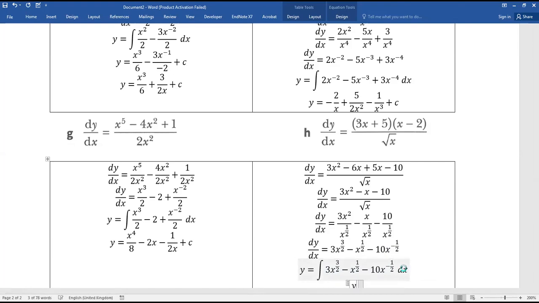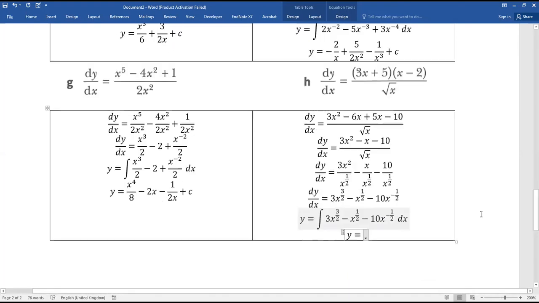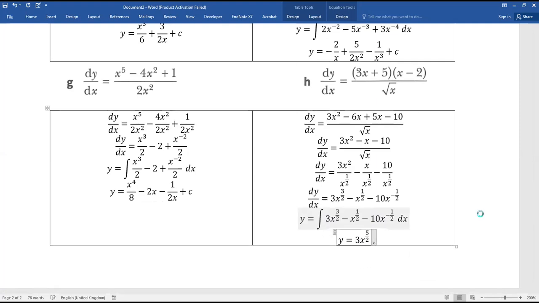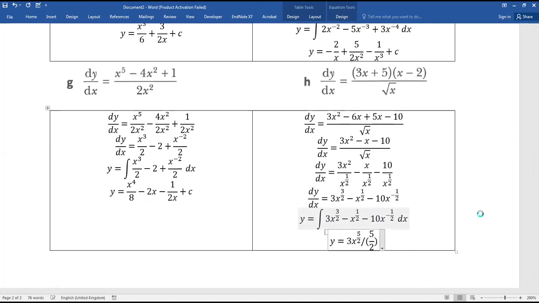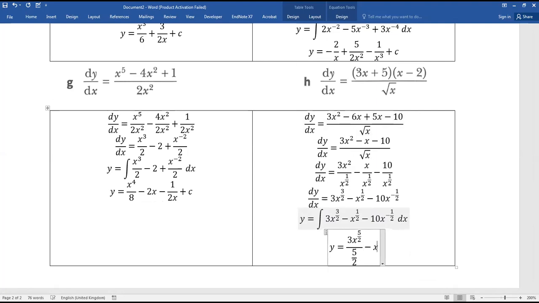So now integrate it: increase the power by 1 and divide by the increased power. 5 upon 2, and we divide by 5 upon 2. Obviously, I'll write it in a better way, but just helping you understand. 3 upon 2, then minus 10x to the power 1 divided by 1 upon 2, and then plus c.